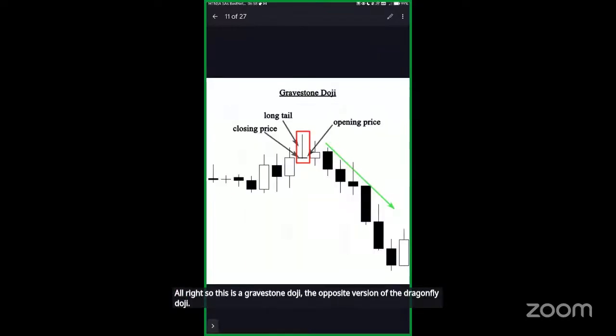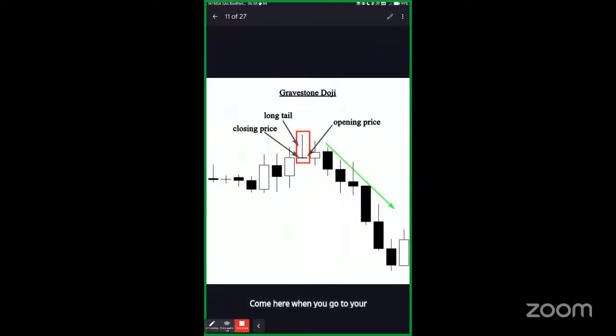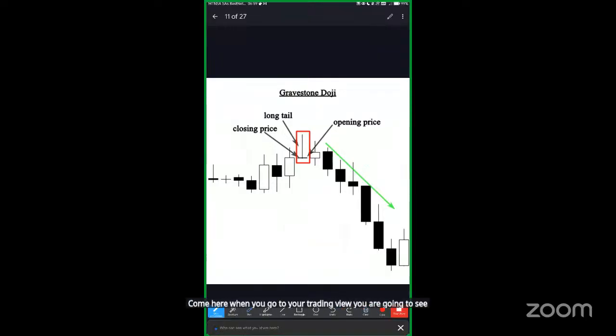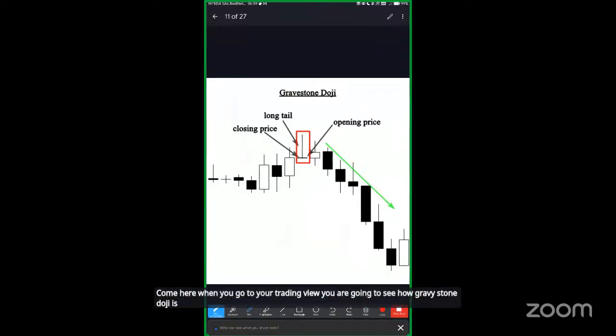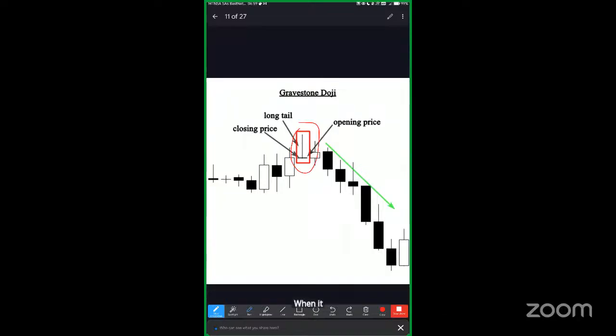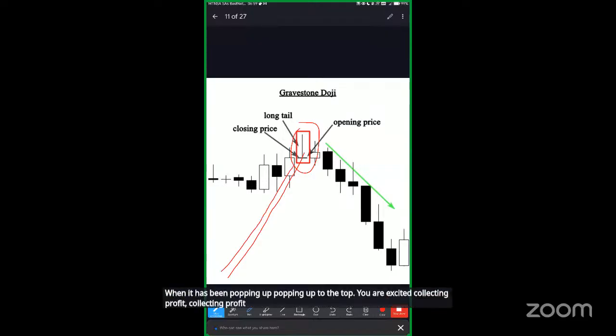When you go to your TradingView, you are going to see how gravestone dojis dig graves. For those who are not aware that at the top, indeed, people can be buried. So the market can bury you somewhere here. When it has been popping up to the top, you are excited, collecting profit, thinking that the market will continue to rise, right?